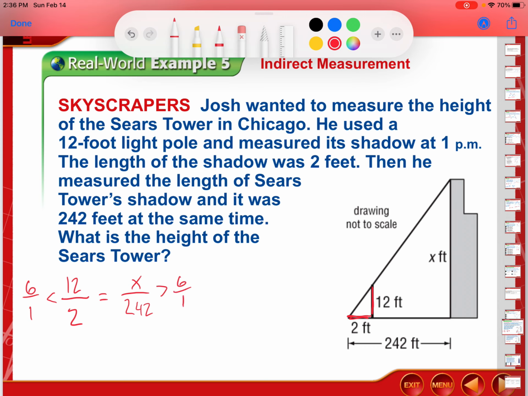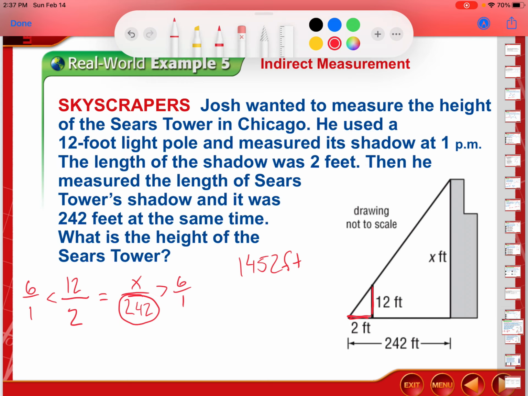We know this one's going to be 6 to 1, so we can multiply this bottom number by 6 and save ourselves some time. 242 times 6. So the height of the Sears Tower should be 1,452 feet. Now, let's do a quick little internet search and figure out if that's accurate, because I'm curious now.